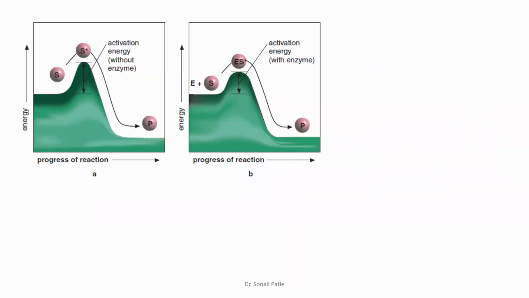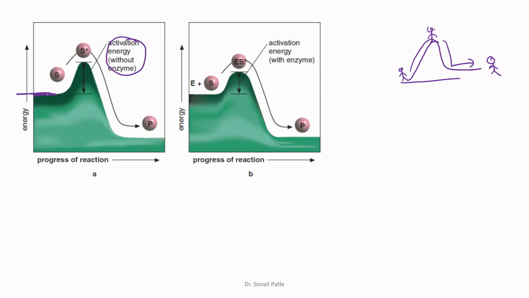The mechanism behind the enzyme's activity is like a situation where you have gone on a walk and you have to cross a hill. What do you require? You require the amount of energy so that you can climb this hill, and then only you can get down and reach the other side of the hill. The same thing applies here. When the substrate is getting converted into the product, it must have the amount of energy which can convert it to the product.